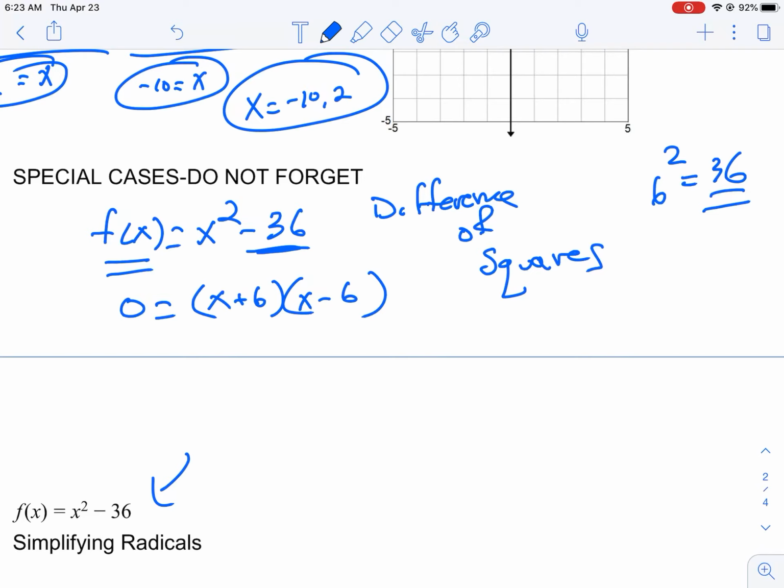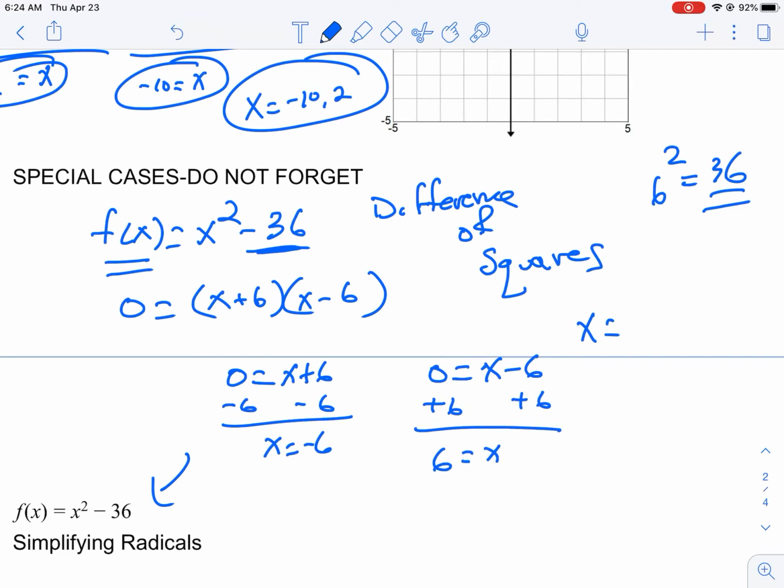So then, how do you solve for your x values? Take the first one, solve, x equals negative 6. Take the second one, solve.